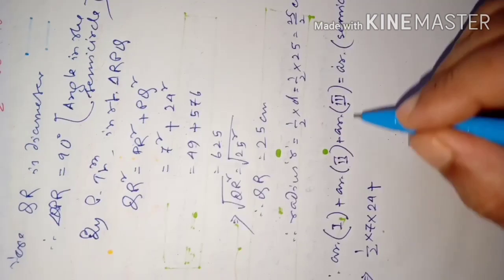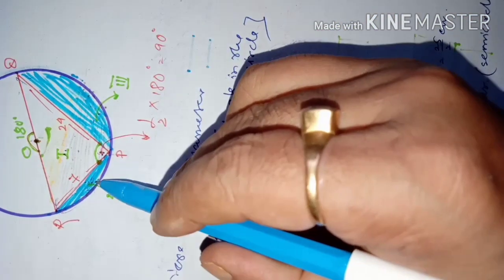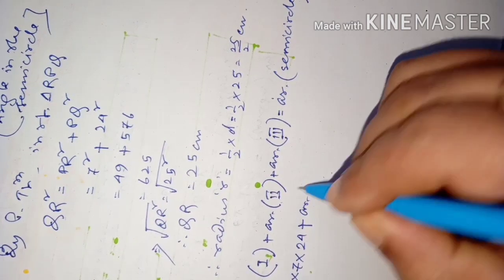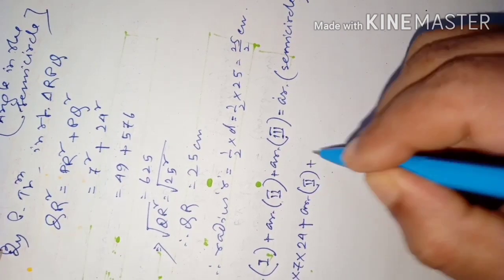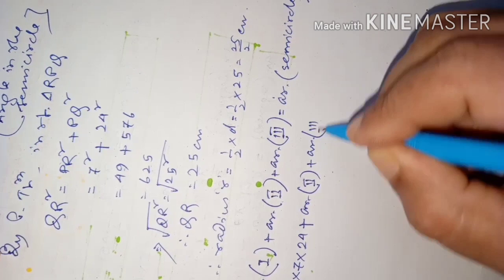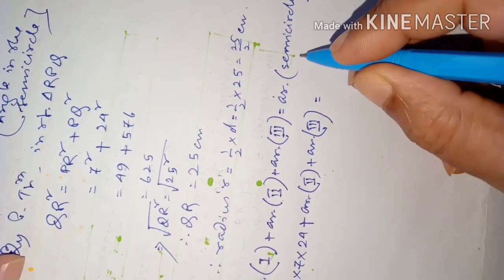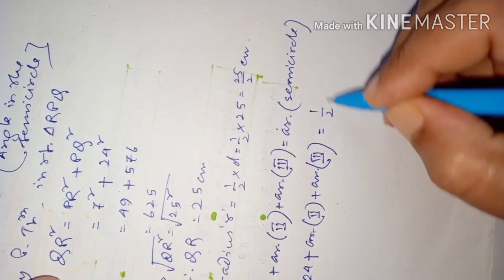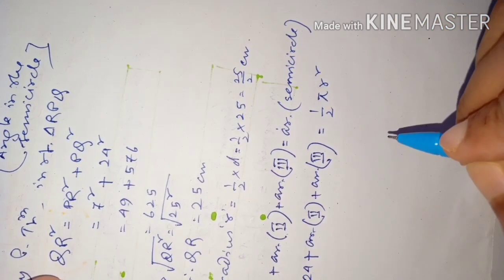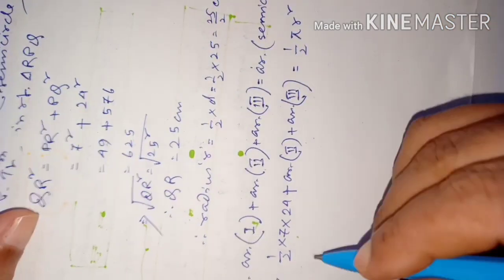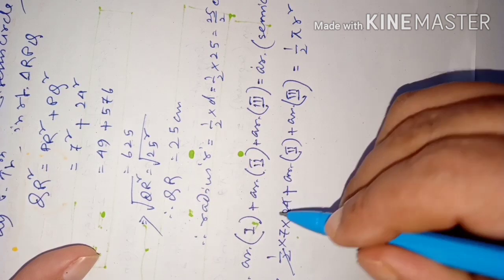Plus area of 2 and area of 3, you need only area of 2 and area of 3 together. So area of portion 2 plus area of portion 3, leave them as they are, is equal to area of semicircle, half pi r square. So half pi r square. So you get here by 2, if you cancel this number, it will be 12.